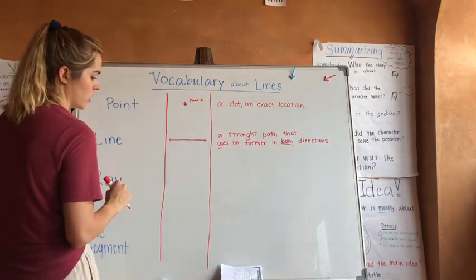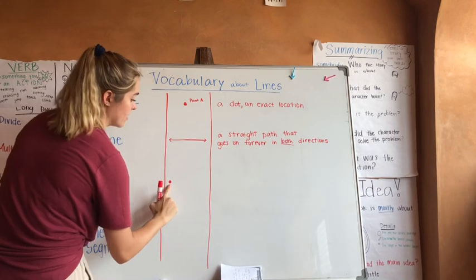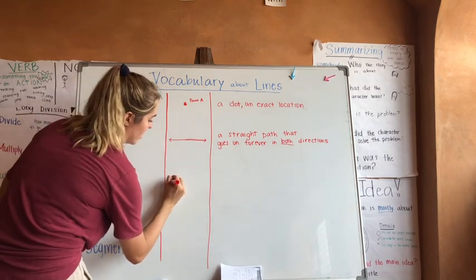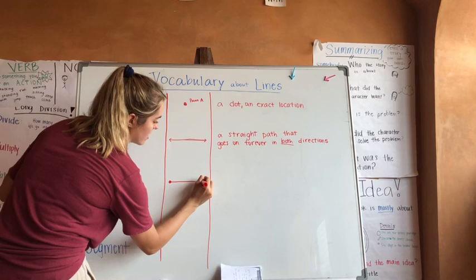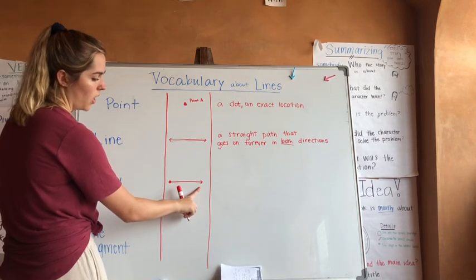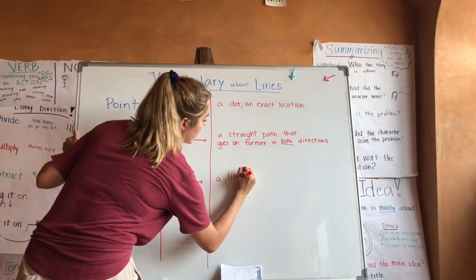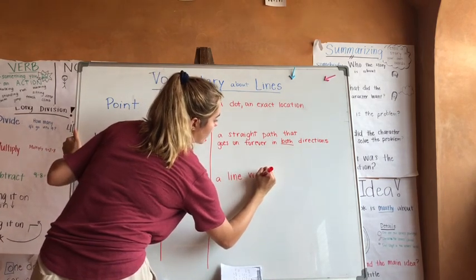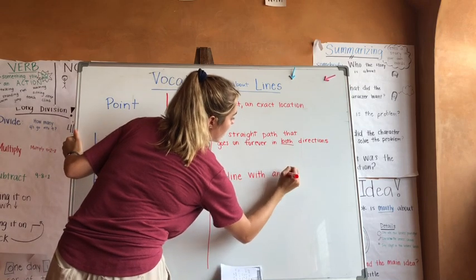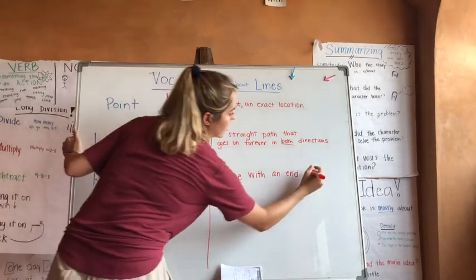A ray looks like this. There's a point, and there's a line with an arrow. This is called a ray. It means a line with an end point.